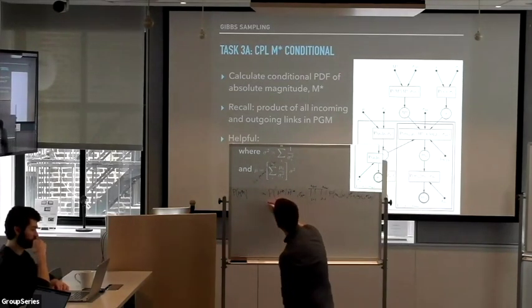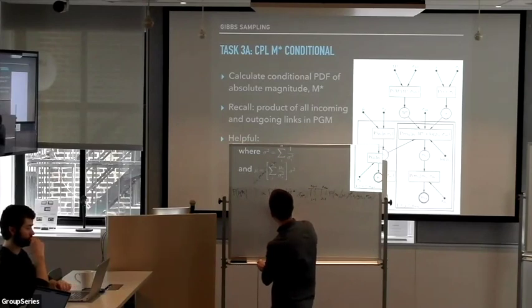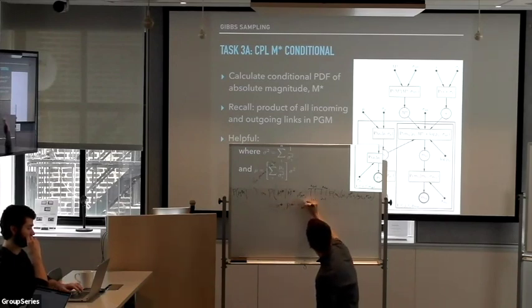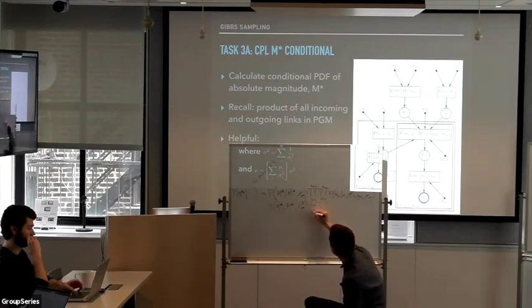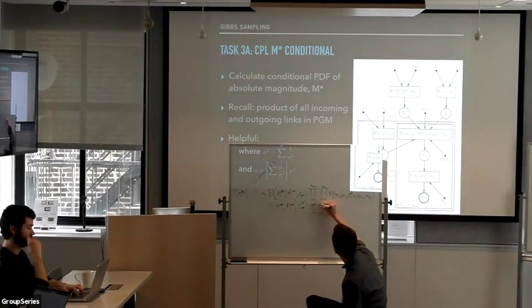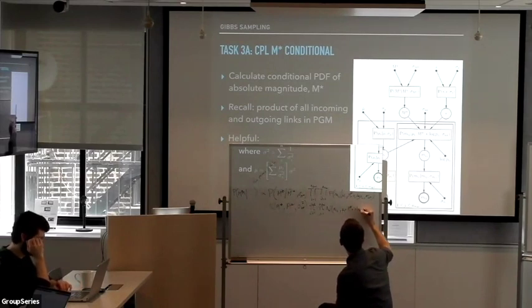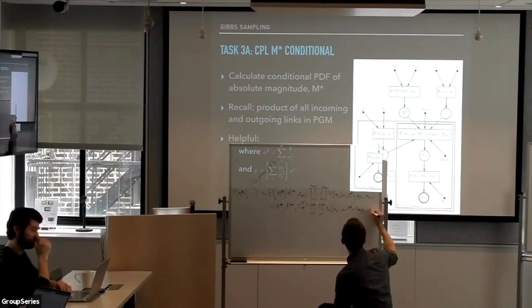In this case, we have everything being normal. So we have a normal in m star with mean m bar star and variance sigma m star. And then we have a bunch of products of normals: normal in Mij with mean mu I plus m star plus s log Pij and variance sigma int.